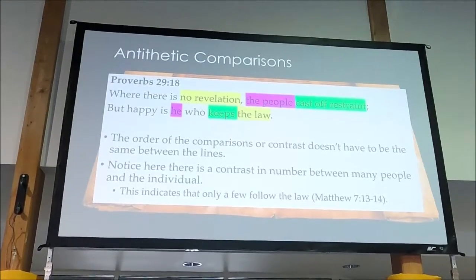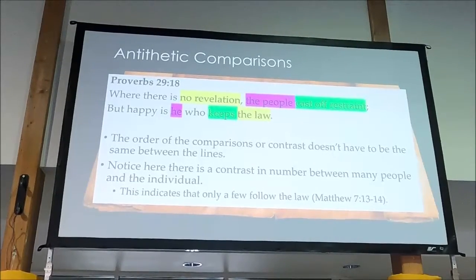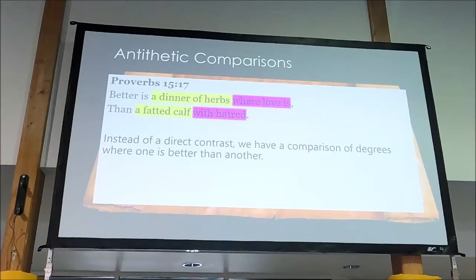Proverbs 15, verse 17. Better is a dish of vegetables where love is than a fattened ox served with hatred. Okay. This one should be easy to contrast. What's that? Well, love and hatred, yeah, that's easy.